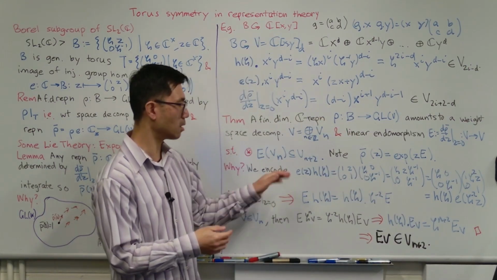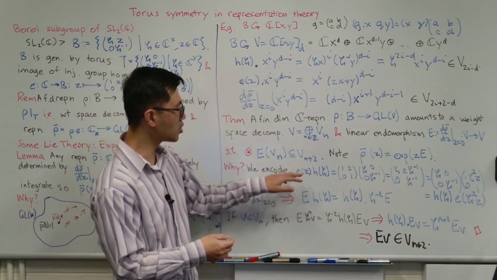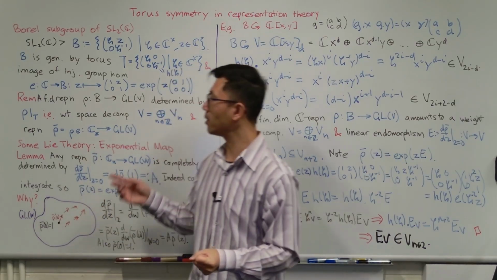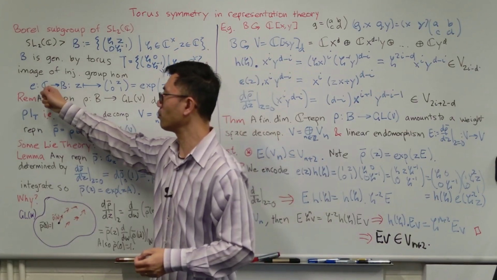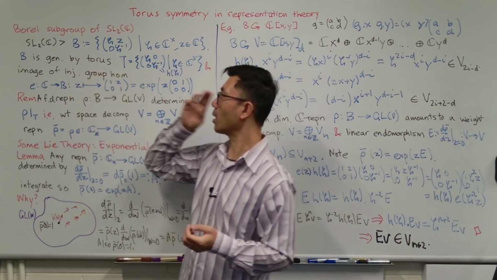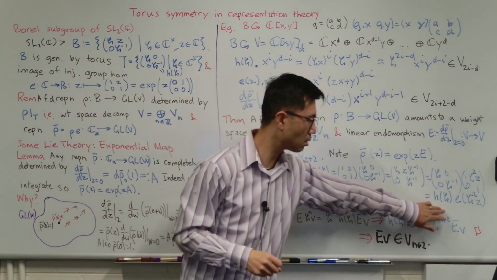This is the only condition to make. You can't have H and E completely independent. You can't just define an arbitrary representation of the torus and an arbitrary representation of this C and assume that they will give you a representation of B, basically because this relation holds.